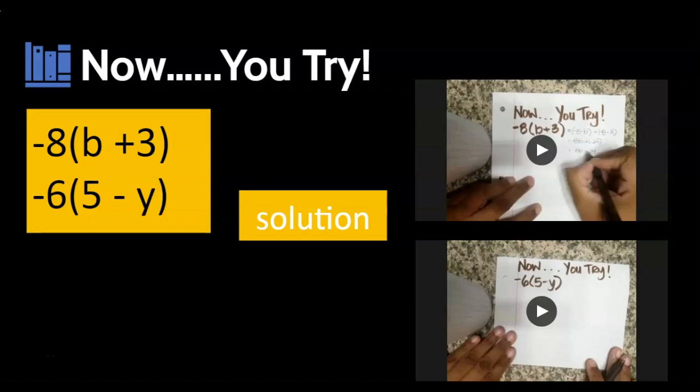I'm going to give you a few seconds to try to simplify those on your own using the distributive property, and then we will look at the worked out solutions and you can check your work. Okay, I'll give you a few more seconds.